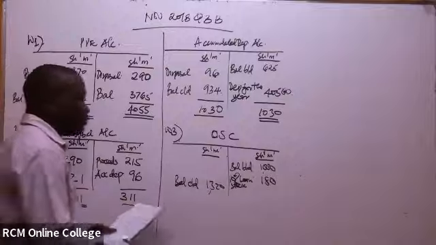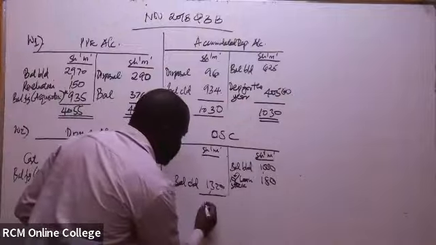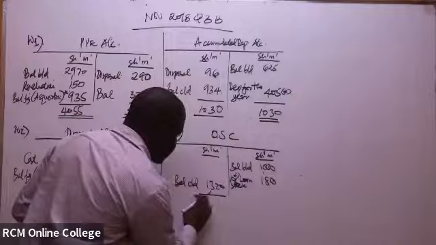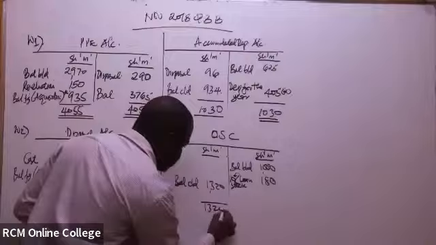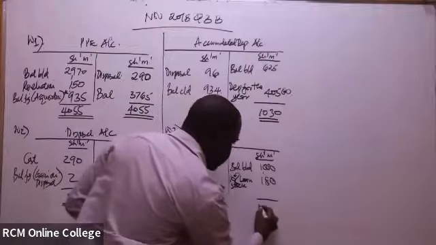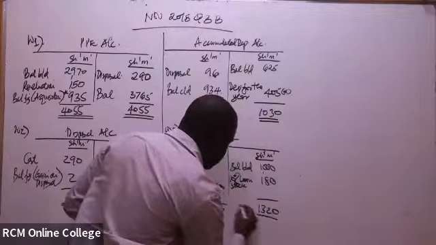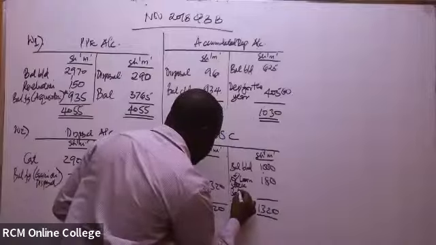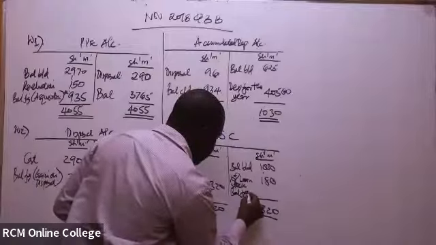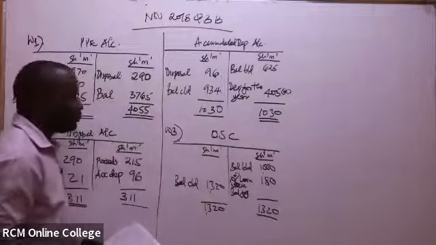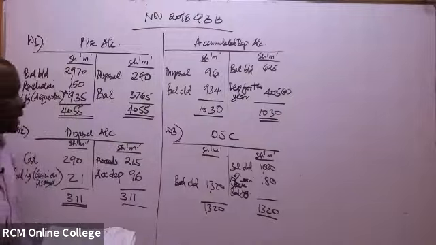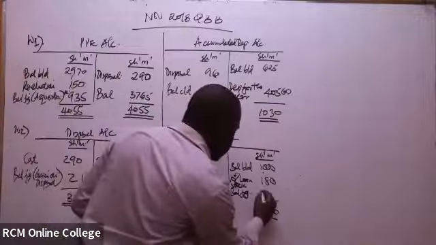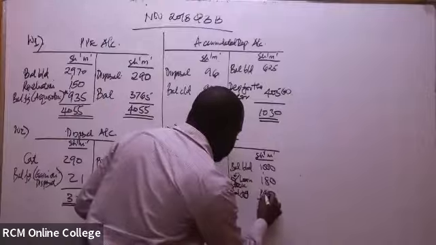And therefore, in this case, if you look at the total here, this one is exactly 1320. So the total here is 1320. So we have in this case a balancing figure here of how much? 140.